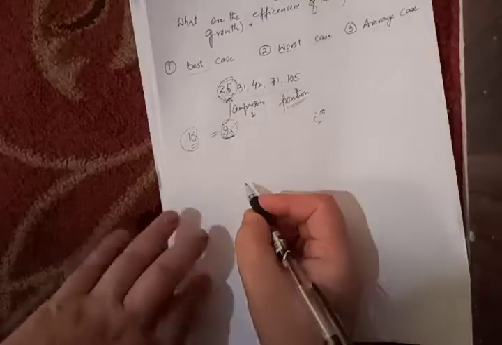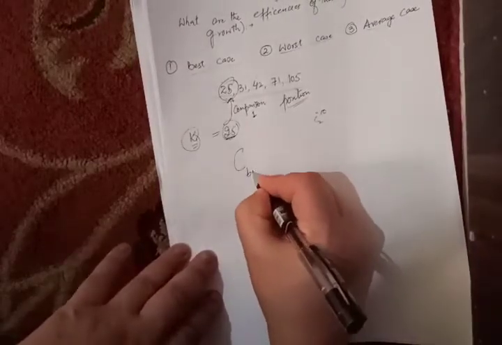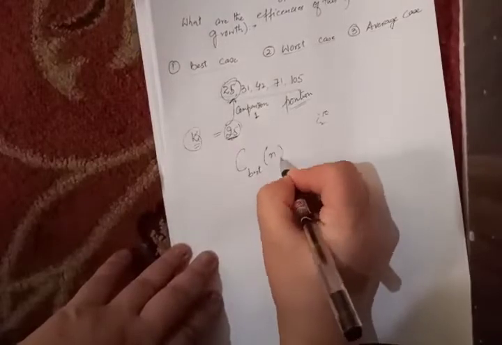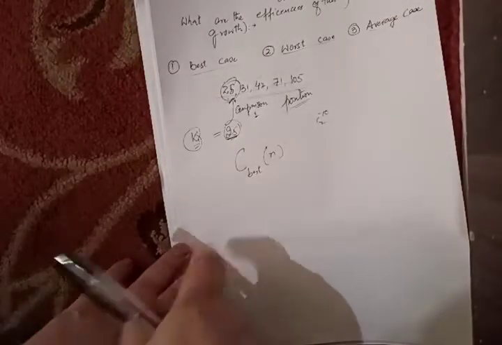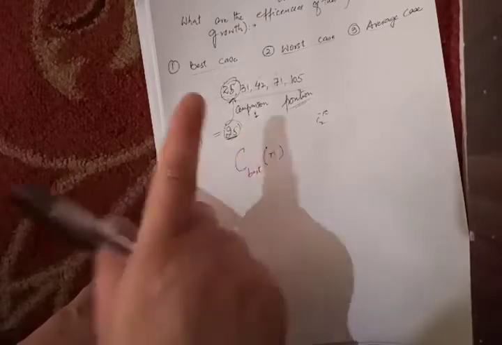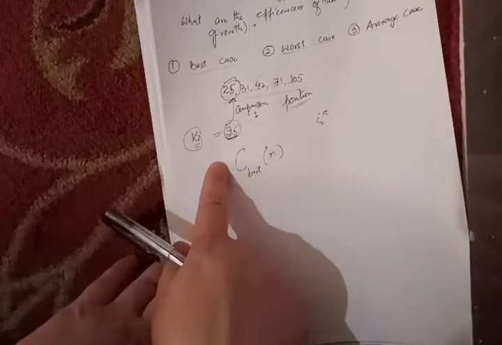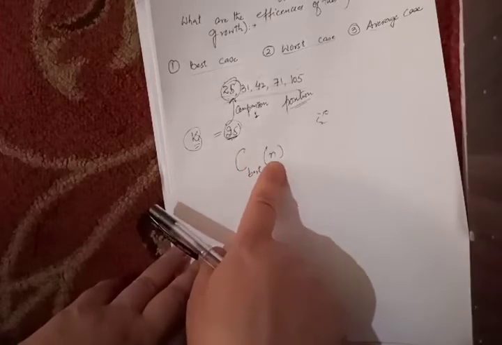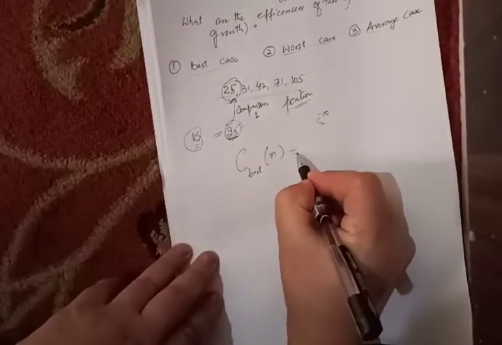That is called the best case efficiency. So we can write it like this: the best case efficiency of an algorithm whose input size is n is equal to 1.